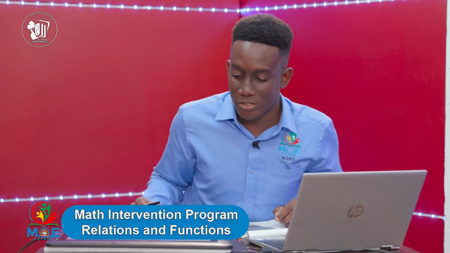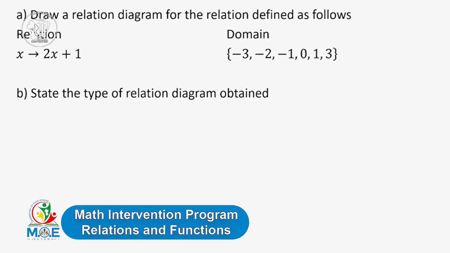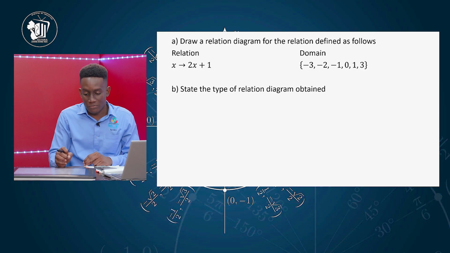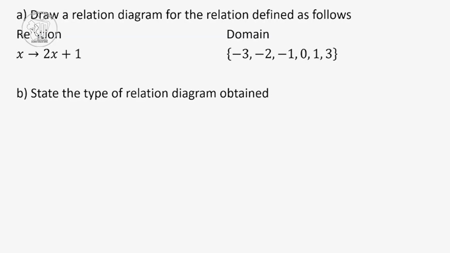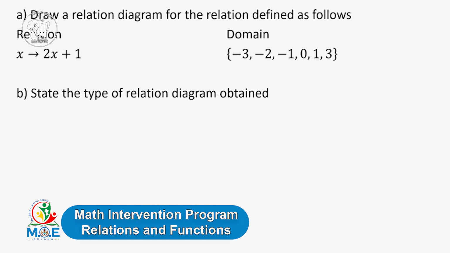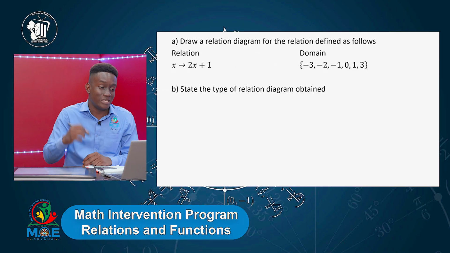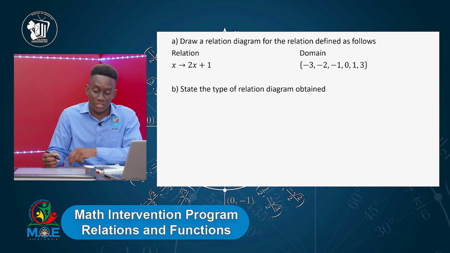This question says, draw the relation diagram for the relation defined as follows. And we have the relation, X is mapped onto 2x plus 1. And we have the domain, which should be -3, -2, -1, 0, 1, 3. And then they ask us to state the type of relation in the diagram obtained.